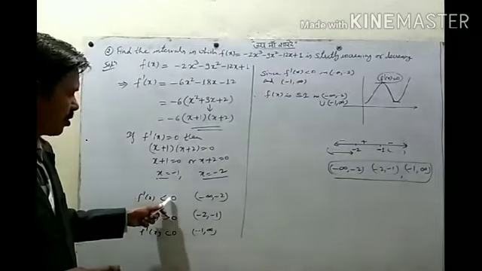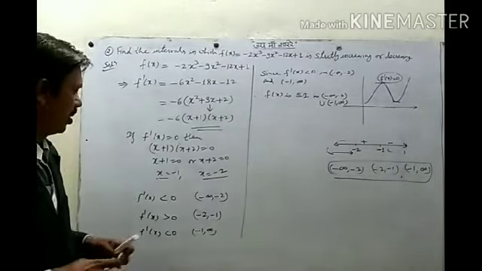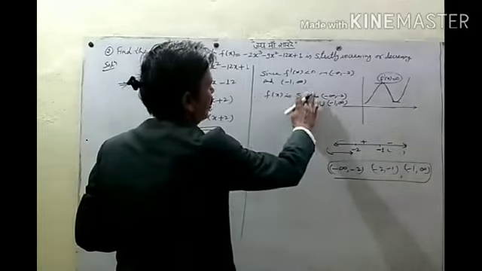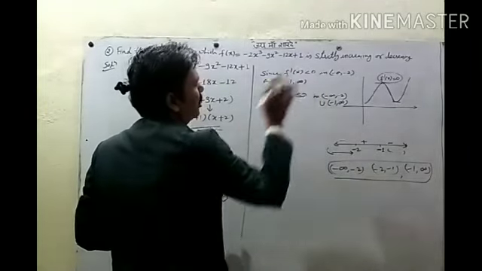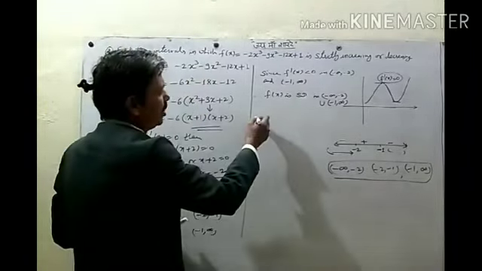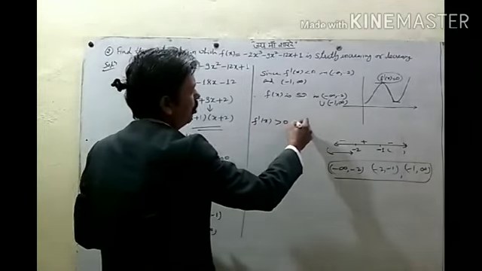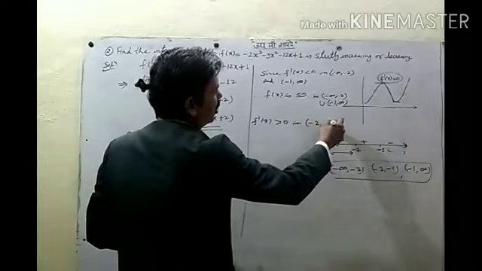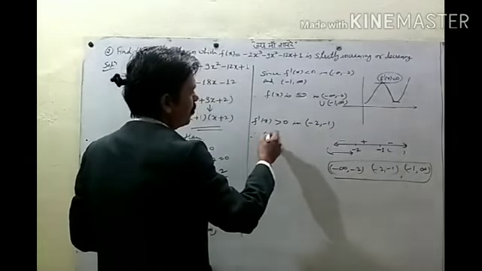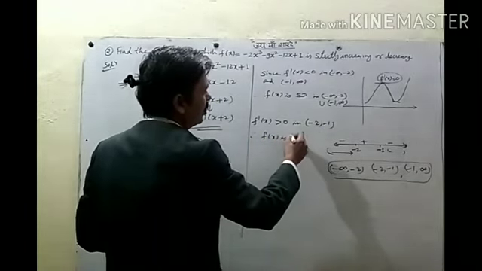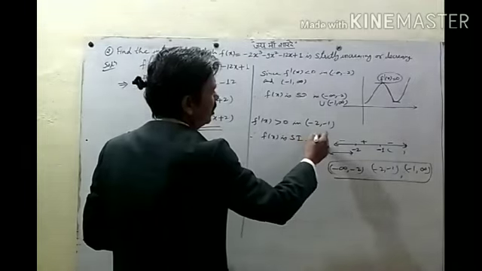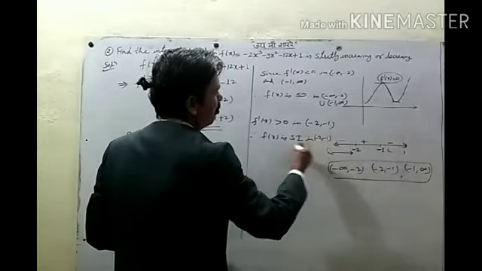Then f dash of x is more than 0 in the interval minus 2 to minus 1, therefore f of x is strictly increasing in the interval minus 2 to minus 1.